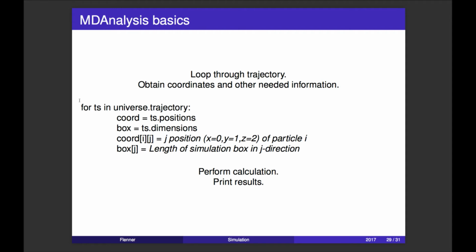If you set j equal to 0, that's the x position; j equal to 1, that's the y position; and j equal to 2 is the z position. And box of j, once again 0, 1, and 2, is the length of the simulation box in that direction, x, y, and z.